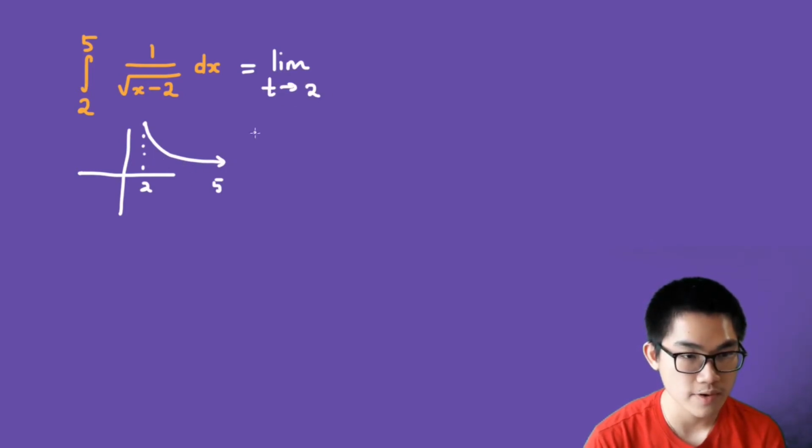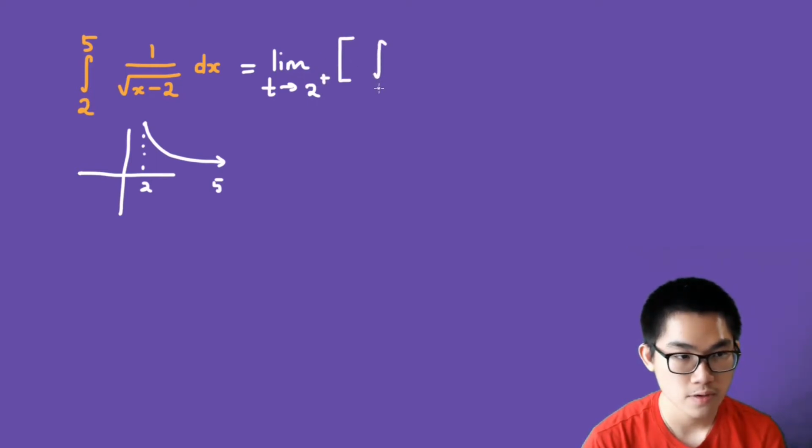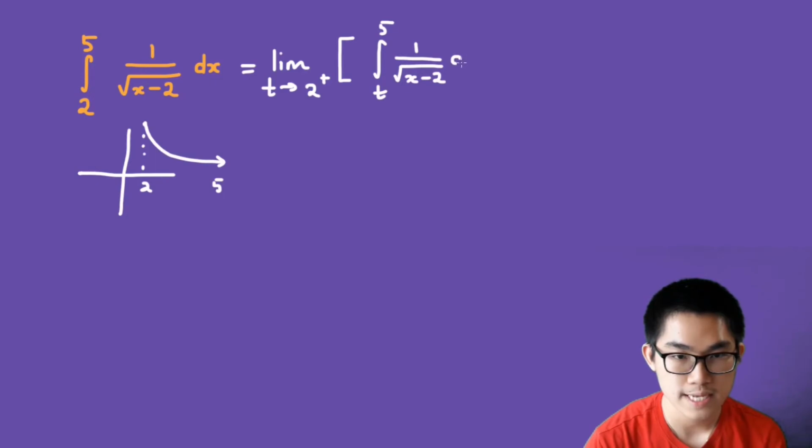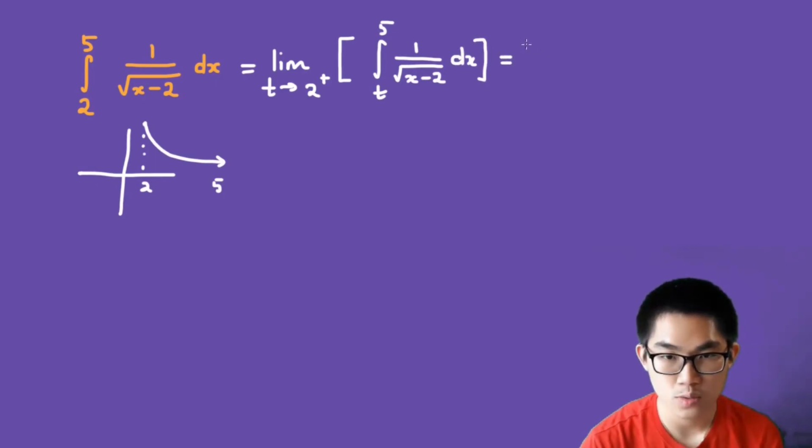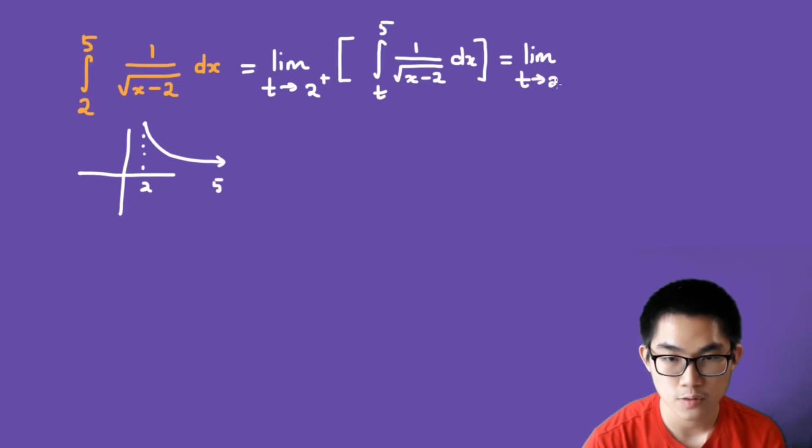We're approaching this from the right side, therefore there's a plus sign here, of the integral from t to 5 of 1 over the square root of x minus 2 dx. And we can also use the second fundamental theorem of calculus. We get the limit as t approaches 2 from the right side of f of 5 minus f of t.